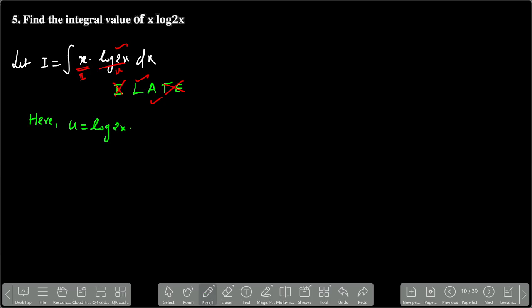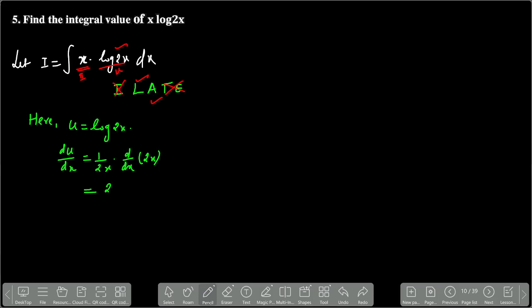Kritika, what is that? Very good. u dash, or du by dx, equals 1 by 2x into the derivative: first logarithmic and then d by dx of 2x. Correct or not? Yes, what are we going to get?